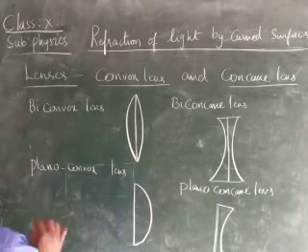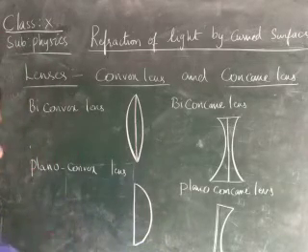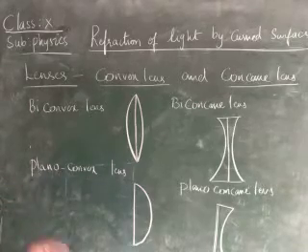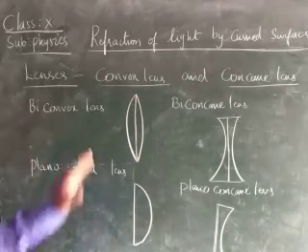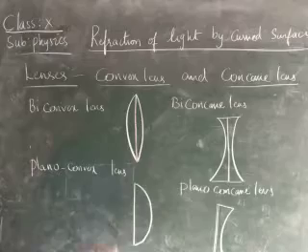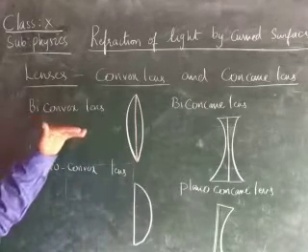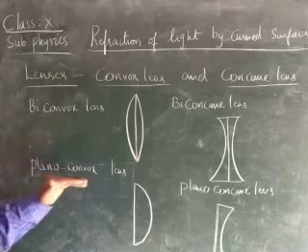Okay children, lenses are of different types, that is convex lens and concave lens. In the convex lens, we have the biconvex lens and plano-convex lens.